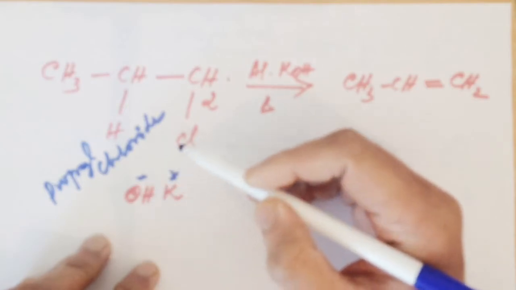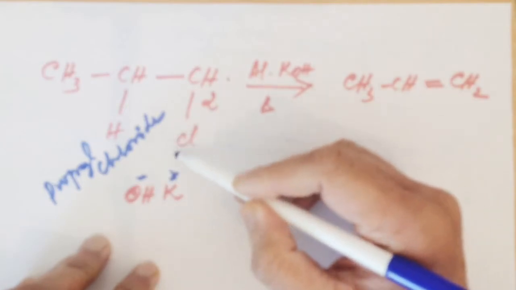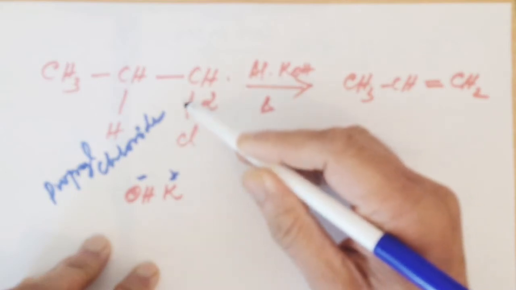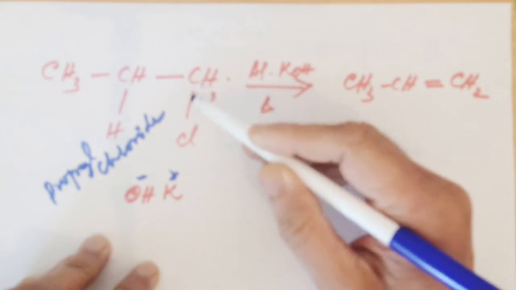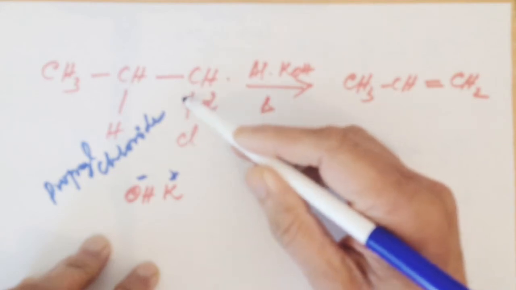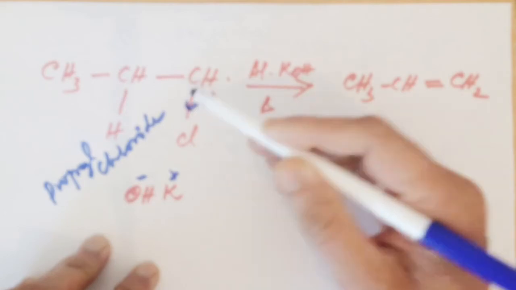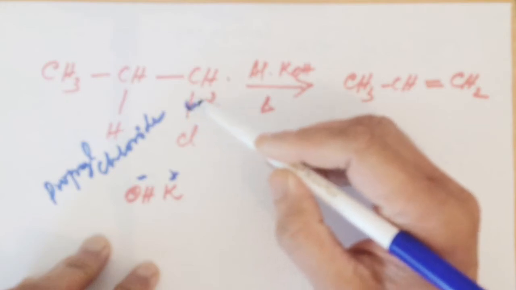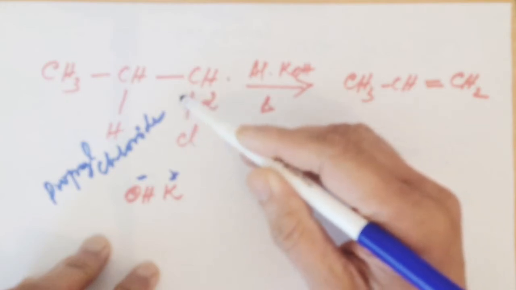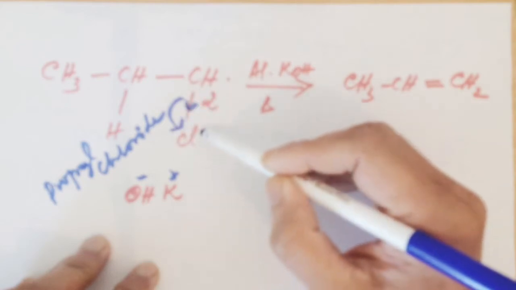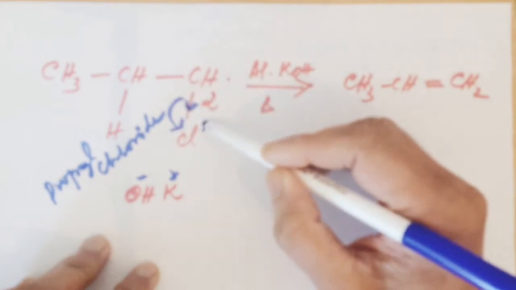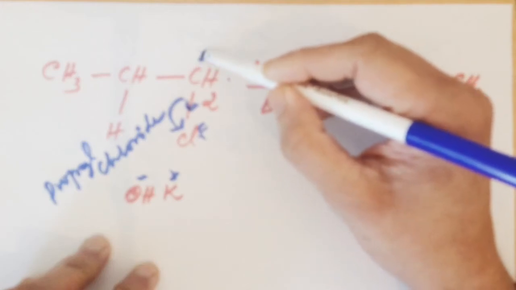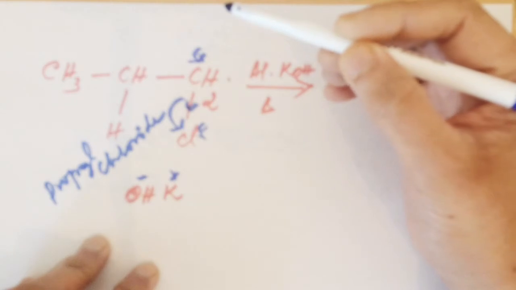So what happens is, because chlorine has high electronegativity, the bonding pair between carbon and chlorine moves towards the chlorine atom. As a result, there is a pulling of electrons towards chlorine. So chlorine gets a slight negative charge, and because of the electrons moving away from the carbon atom, carbon gets a slight positive charge.